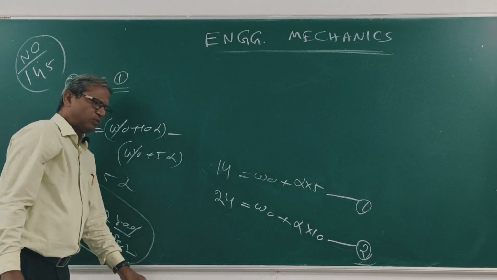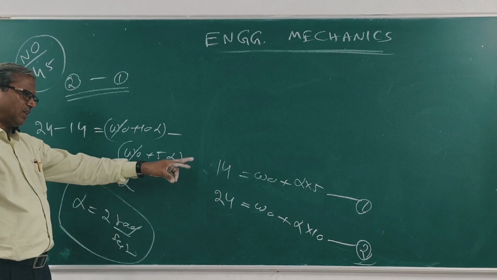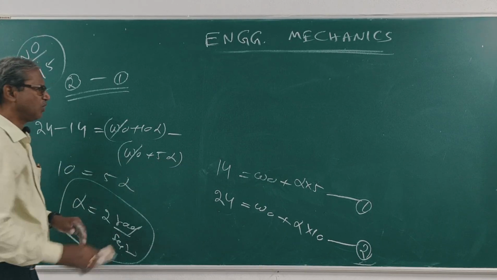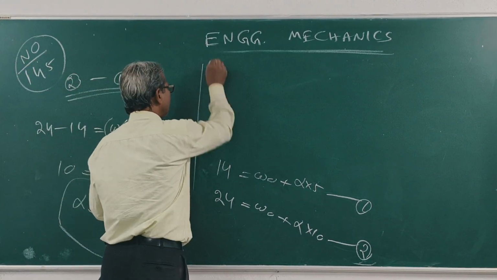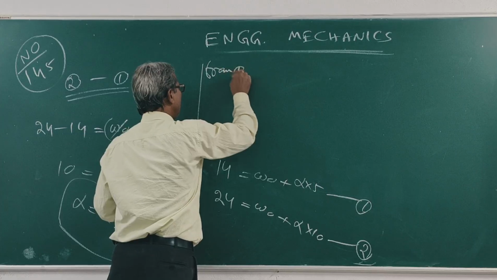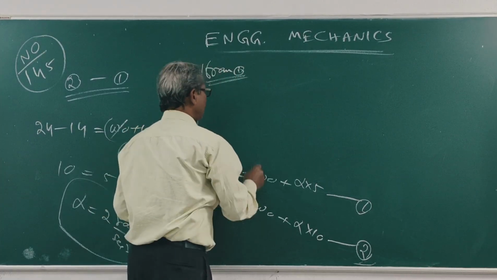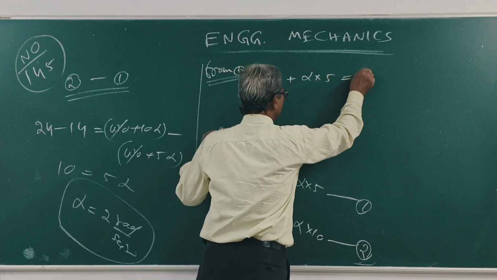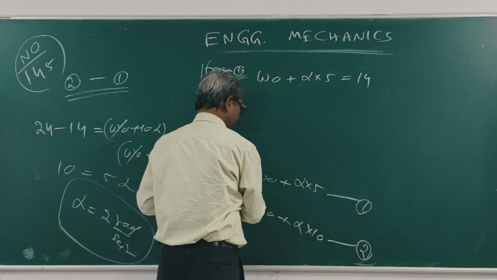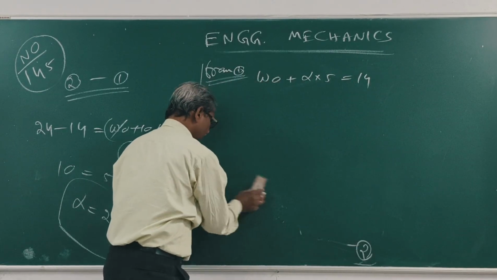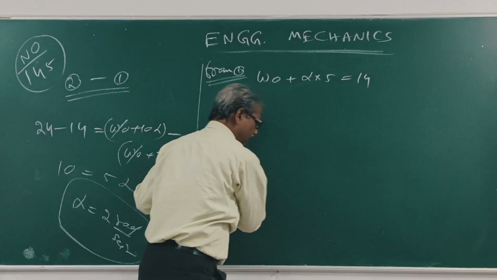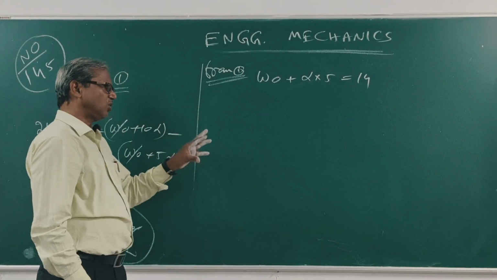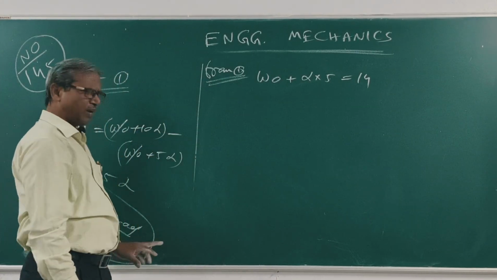Put the value of alpha in equation 1 or 2. So from equation 1, omega 0 plus alpha into 5 is equal to 14. Clear? Put alpha is equal to 2 radian per second square.